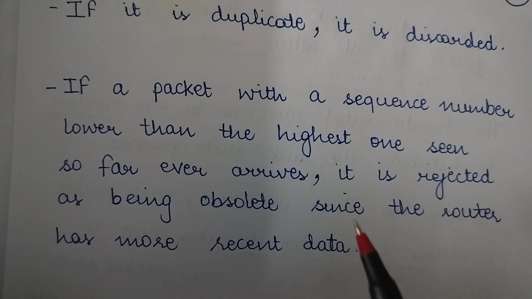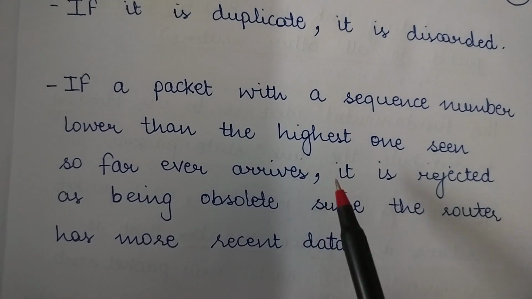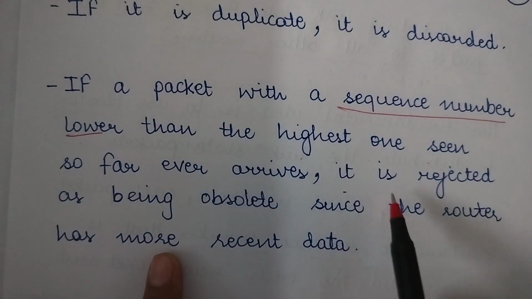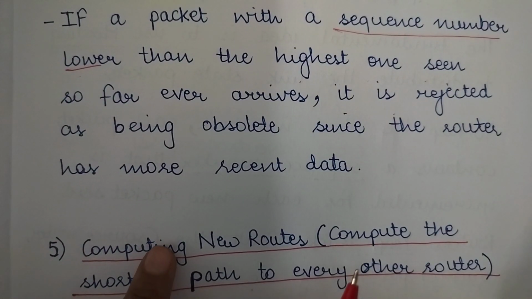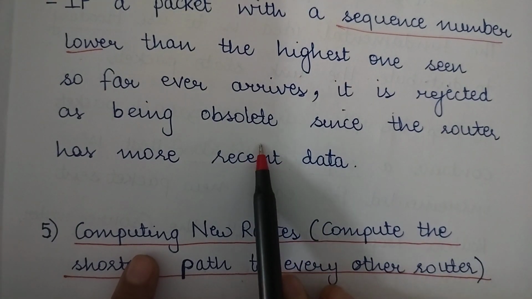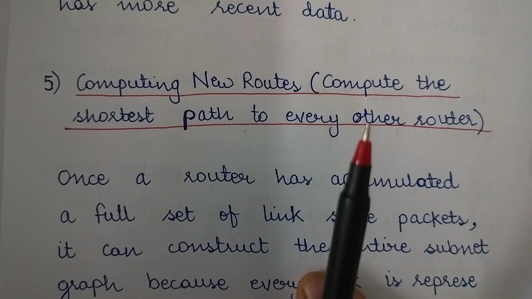A new packet will not have a sequence number lower than the present one. So if the sequence number of an arriving packet is lower than the highest one seen so far, it is rejected because it is a duplicate or obsolete, and since the router has more recent data, it is not required anymore.